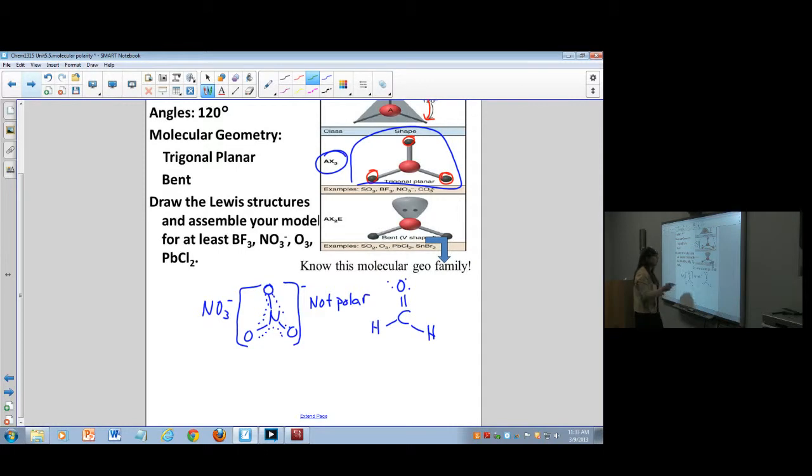But in general, this is partially negative, and the hydrogens, both of them, are partially positive, and all the electrons are being pulled towards that oxygen. That indicates that it's polar. So this kind of molecule is polar.